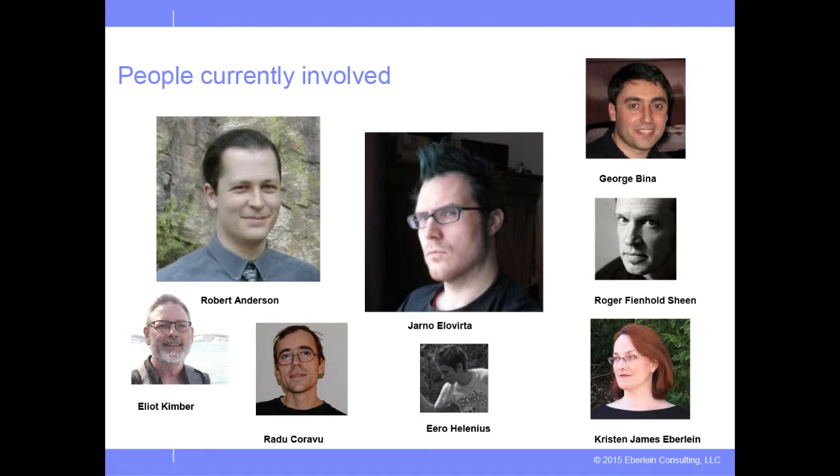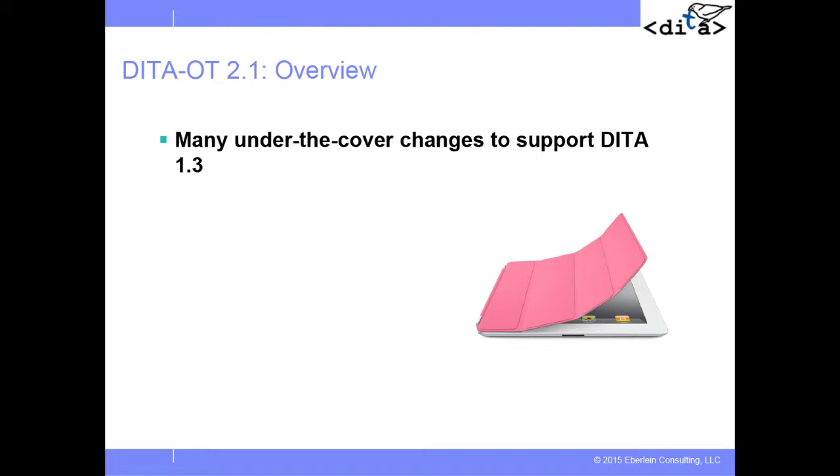So just to jump in, 2 major releases since we were here last, 2.1 and 2.2 announced today. And a lot of what went into DITA-OT 2.1 are under-the-cover changes that made some of the support for new 1.3 functionality possible, or made the toolkit more efficient, more responsive, and Jarno will be talking about that later.